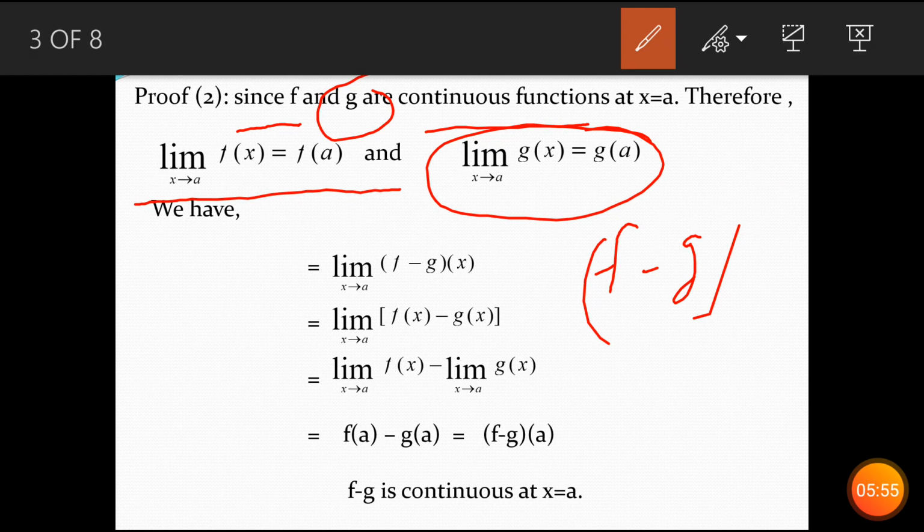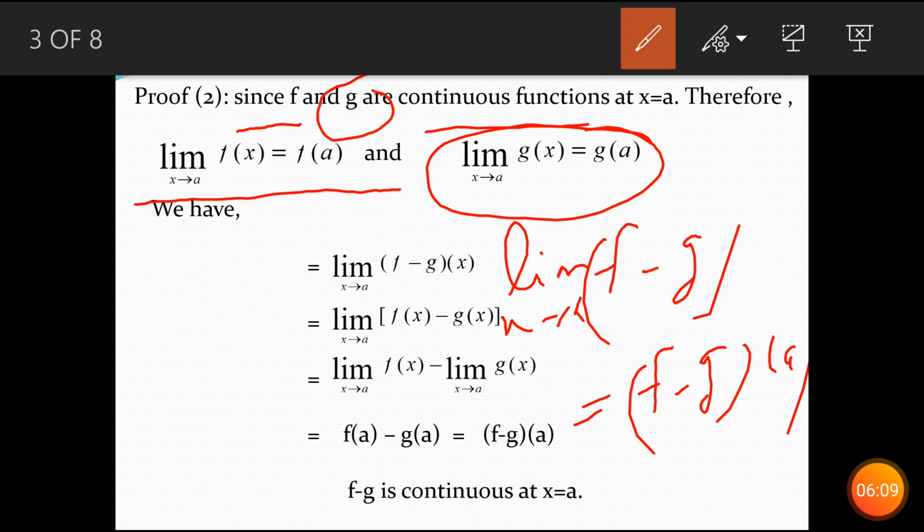What are we going to show? We will show that the limit value of f minus g as x tends to a is equivalent to the function value. If we are able to show this, our work is done. How will we show it? We take limit x tends to a, (f minus g)(x).